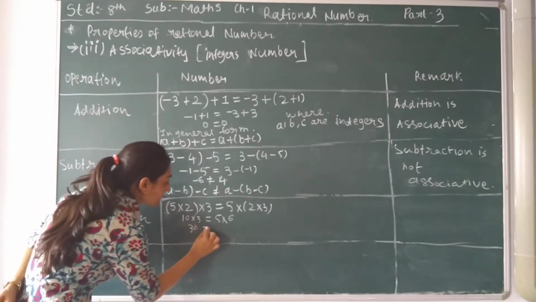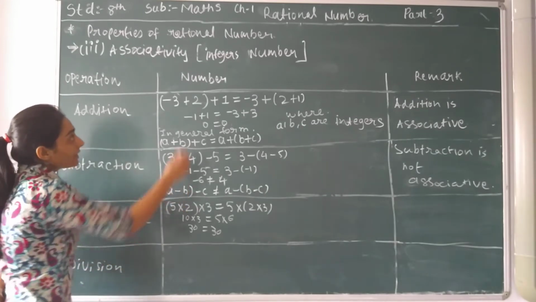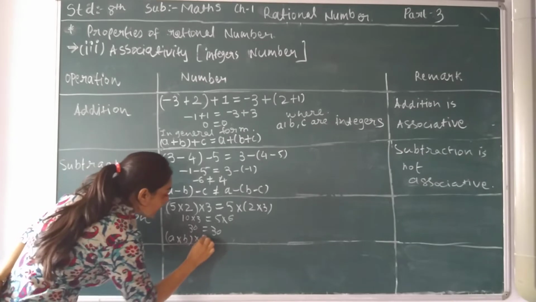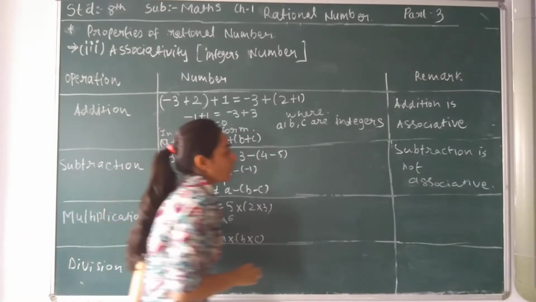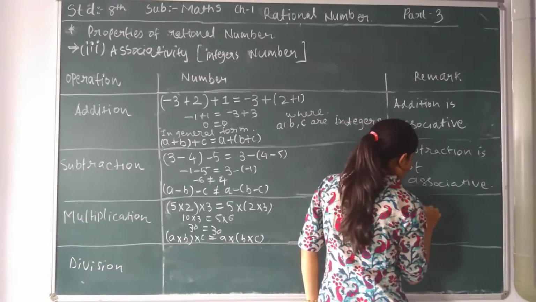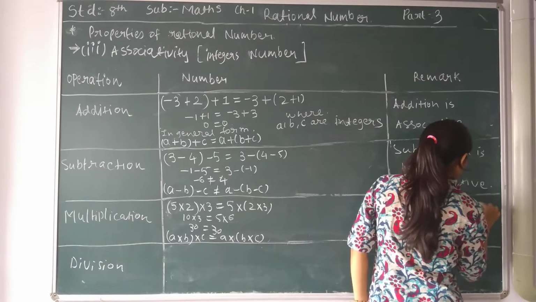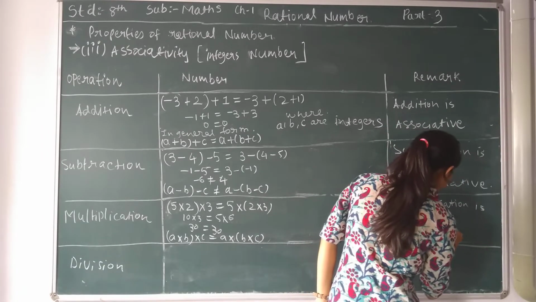So the answer is 30. The answer is 30, so the multiplication is associative under integers. So (a into b) into c equals a into (b into c). Okay, so the multiplication is associative.